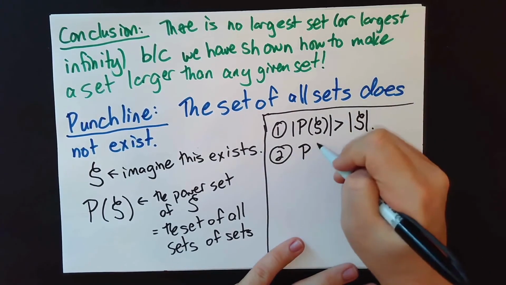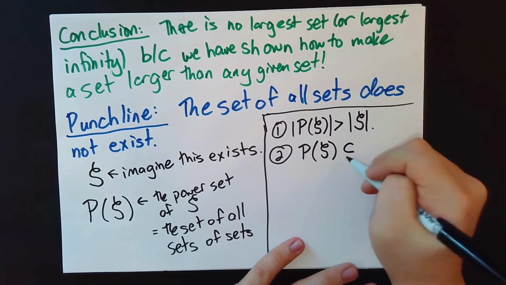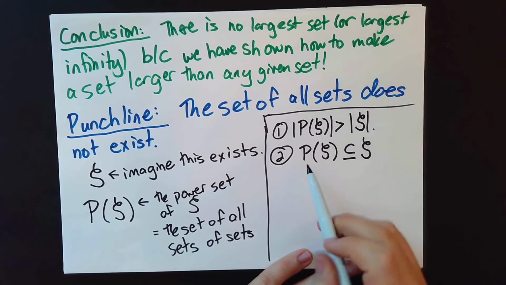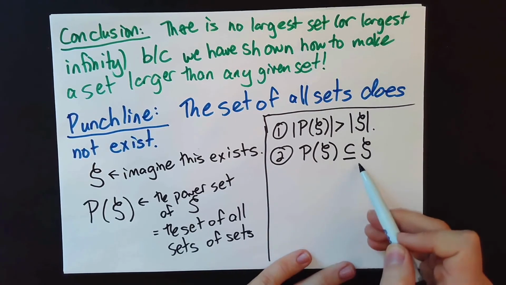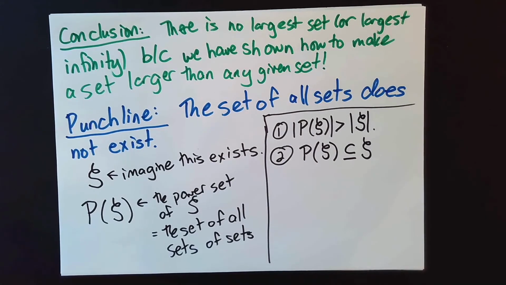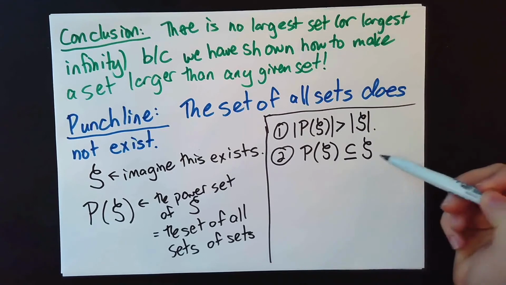I also claim that the power set of the set of all sets is in fact a subset of the set of all sets. And note, this should immediately cause a bunch of red flags to go off. Because remember, the power set is supposed to be a vastly larger object than the set you started with. And yet here, the power set is actually a subset.